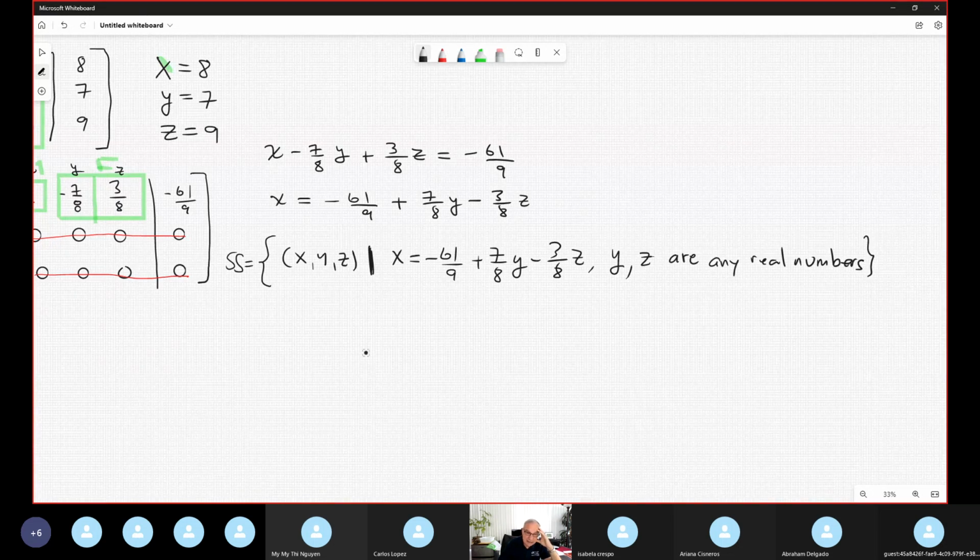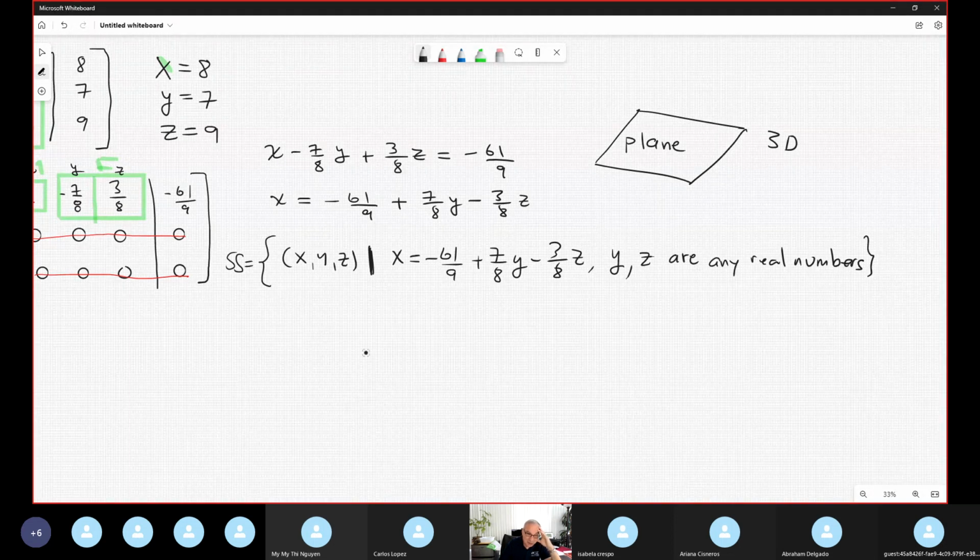This solution object represents a plane because we have 2 free variables, and 2 free variables is a plane. This is not important in this, but I need to know it's a plane in the 3D space.